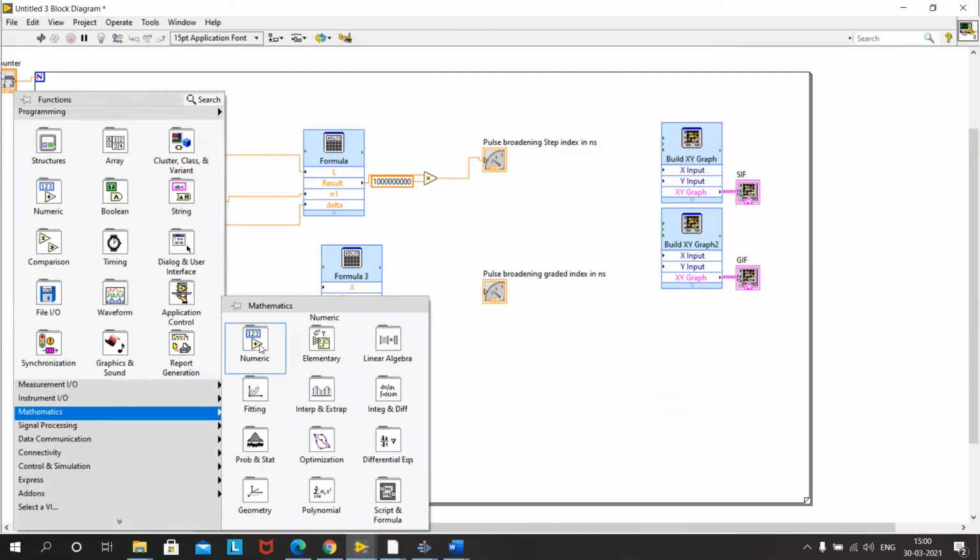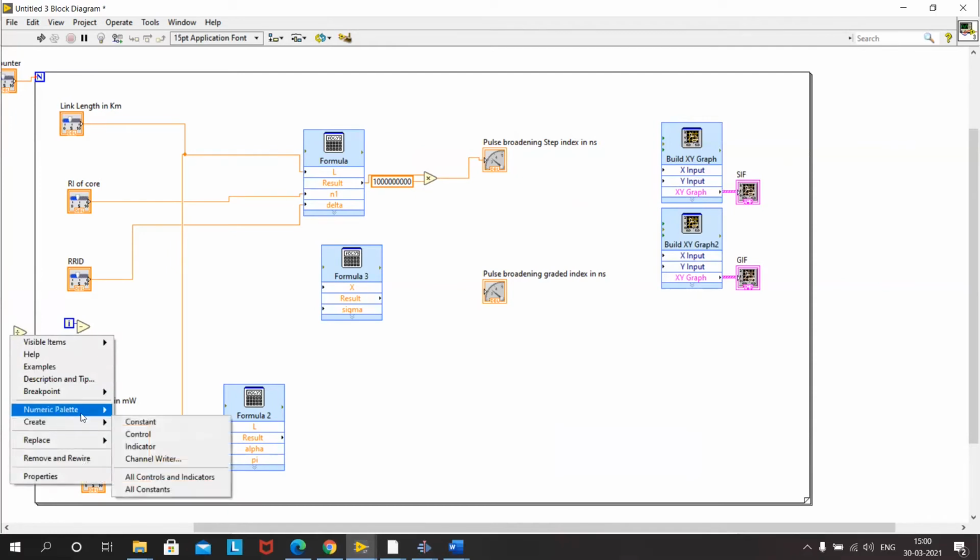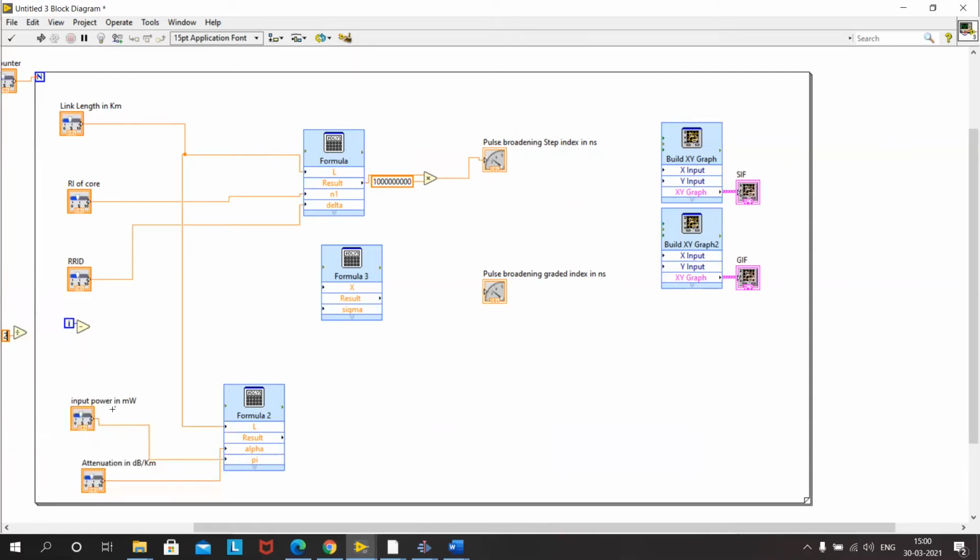For that we need to divide the counter by 2. Now connecting this x to formula board 3, sigma will be connected to the value of sigma.